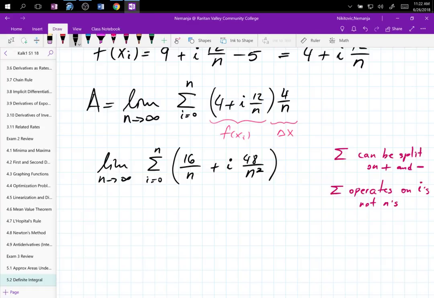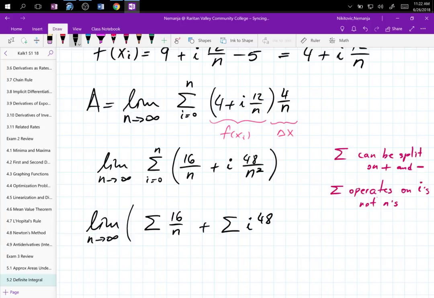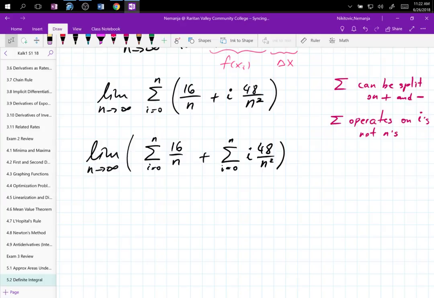So in this step, I can say limit n goes to infinity, and now I have a summation of 16 over n plus summation of i times 48 over n squared. That's me exercising the upper rule, where I can split these into two summations because I have a plus in between those two terms.